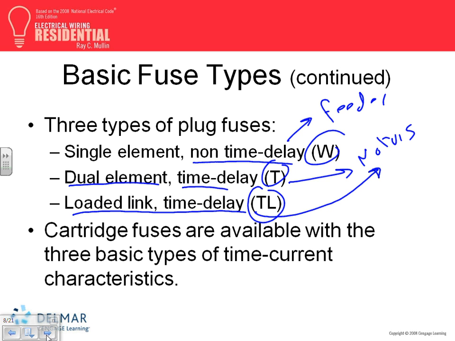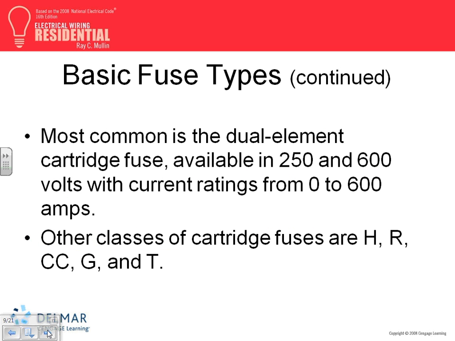These have the same characteristics, guys, and you can buy the same characteristics for a cartridge fuse or a plug-in fuse. A couple of things here: cartridge fuses, the voltages, 300 to 250. I want to add 10 here.